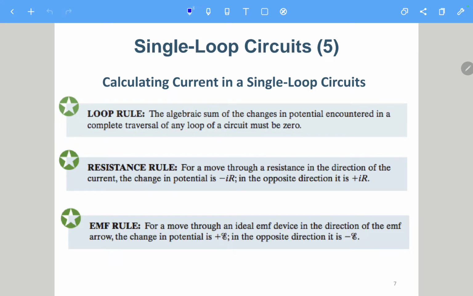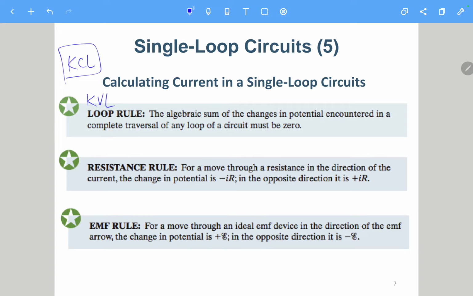In the textbook, it tells you that we have the loop rule, but in circuit theory we call it KVL, Kirchhoff's voltage law. Another rule is called KCL, which I think I have already mentioned in chapter 26.